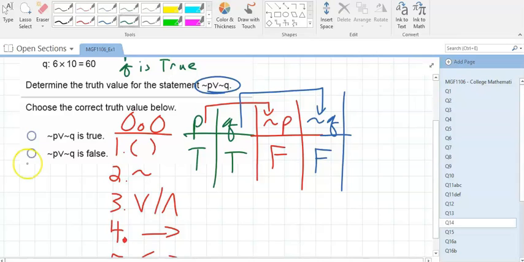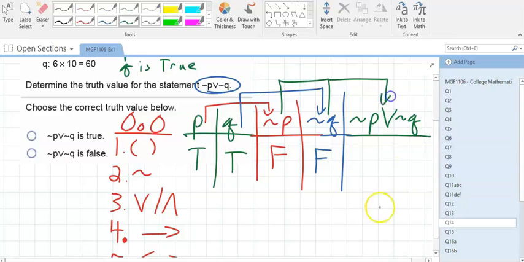So now we want to know P or Q. We're going to take these two columns right here and use them to help us out with that. So ors are only false when what?